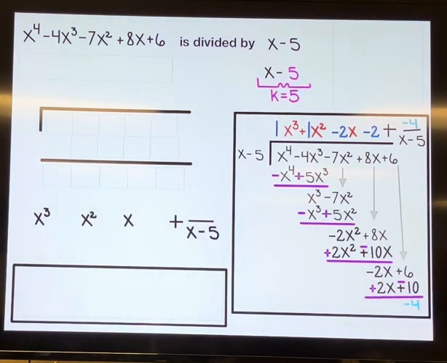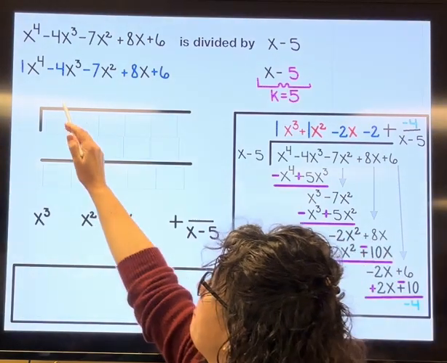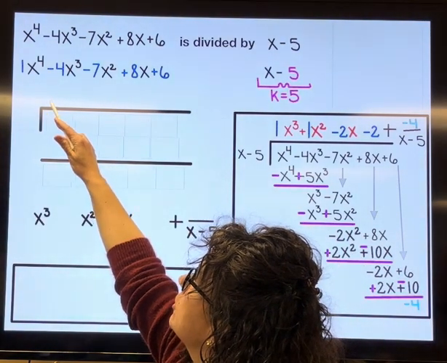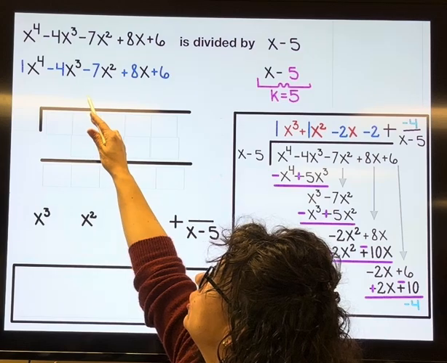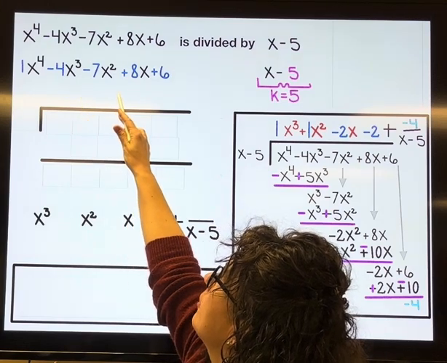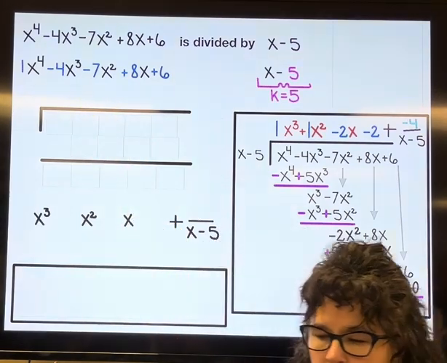So to get it set up, you want to identify your coefficients. Looking at our original problem, the number in front of x to the 4th is 1. The number in front of x cubed is negative 4. In front of x squared is negative 7, and so on.